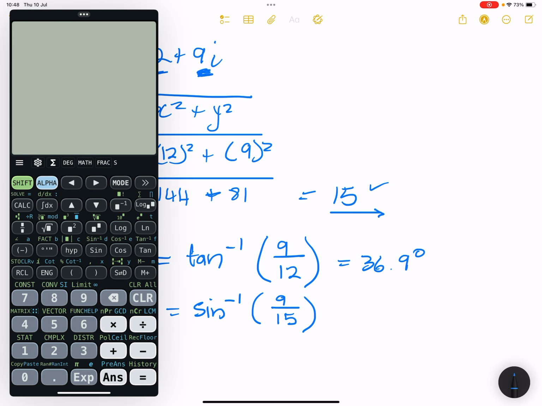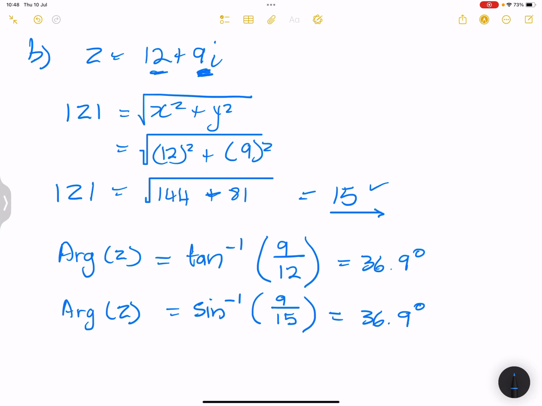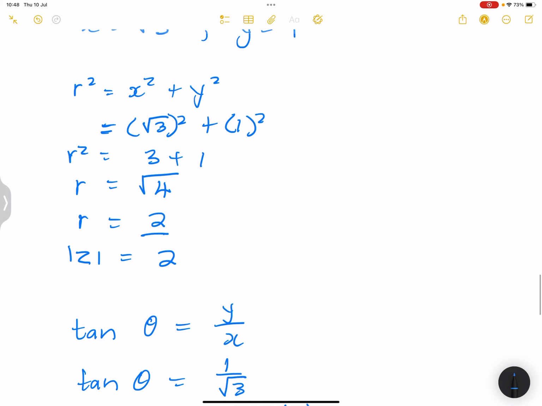Shift sine of 9 divided by 15, and can you see, ladies and gents, we get exactly the same answer, which is 36.9 degrees. And of course, you could have also used tan. Just as long as you get your modulus correctly, you can therefore get your argument correctly as well.